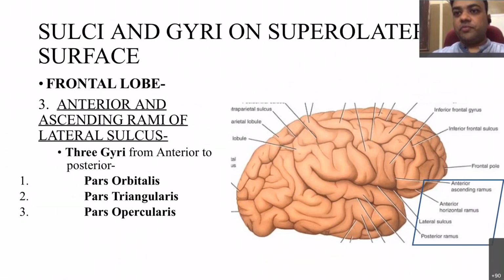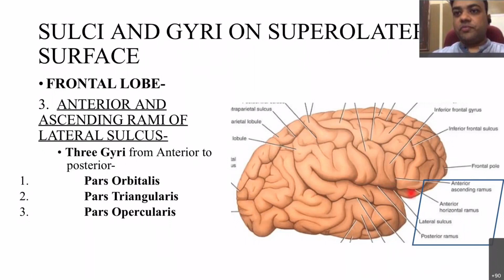So I will utilize the pointer here. Here you can see this is the anterior horizontal and this is the ascending ramus of this stem of the lateral sulcus, that is the Sylvian sulcus.